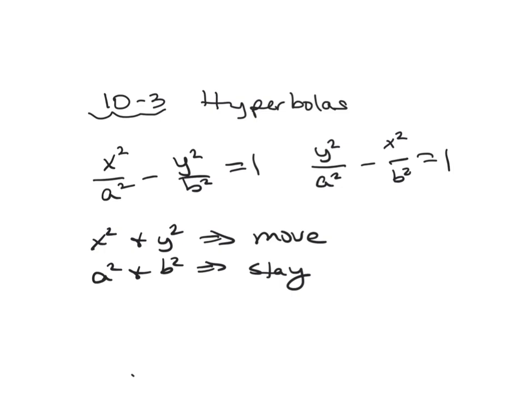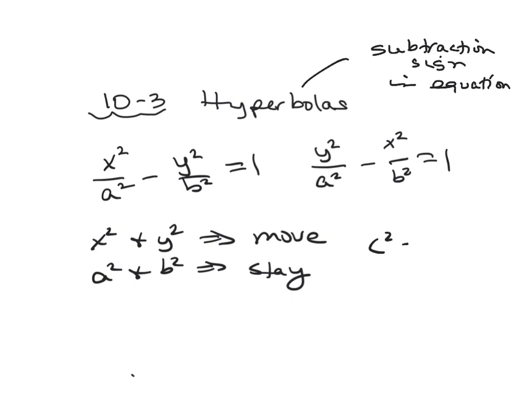So the difference here, hyperbolas have a subtraction sign in the equation. Where you have the plus sign is in the c squared equals a squared plus b squared. So this one gets the plus sign. So it's like they flip between the ellipses.